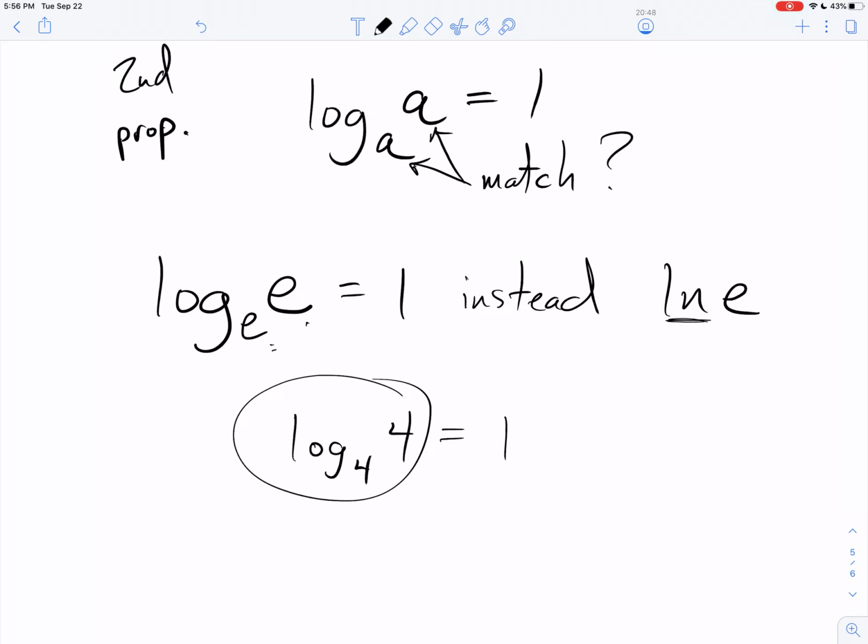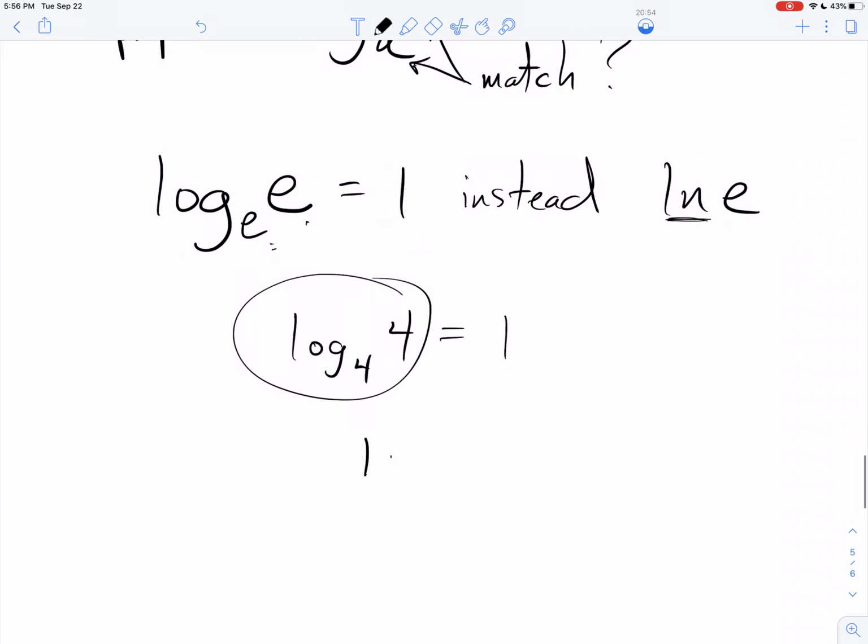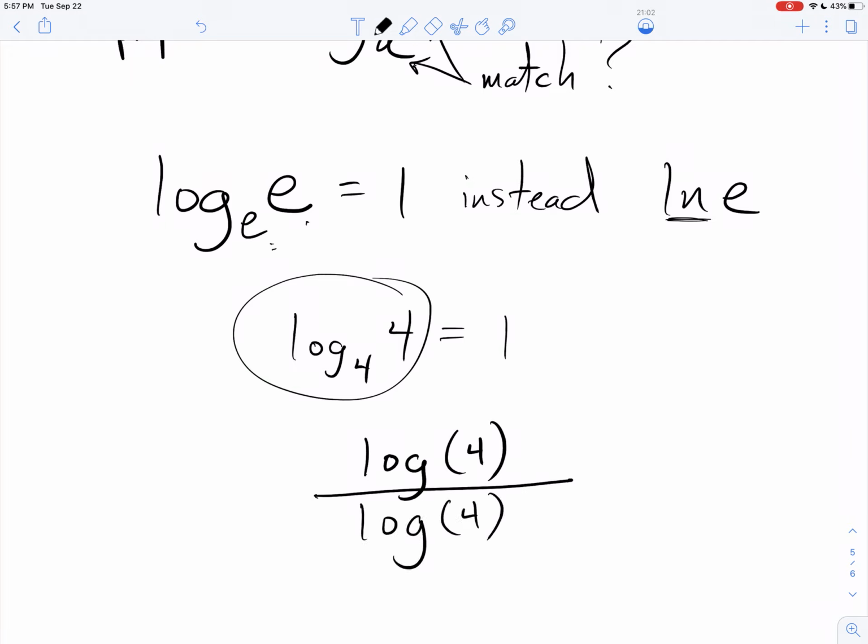Sure you could. If you wanted to trick your calculator into telling you log of 4 base 4, you would say, I want to take the log of 4, but I'm going to trick my calculator into doing it by dividing by the log of that base. And remember in math, once you make a rule, you can never break it? You take any number and divide by itself. What do you always get for an answer? 1. There's another way to prove that property is true.